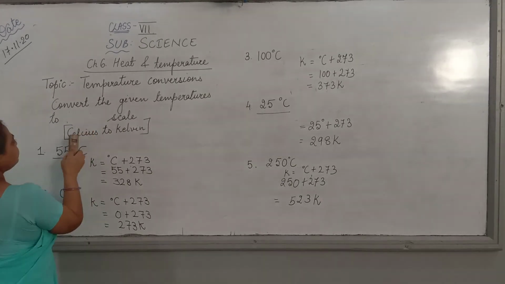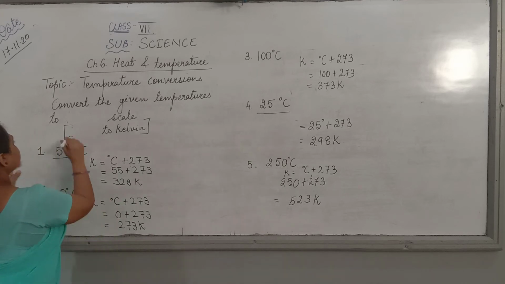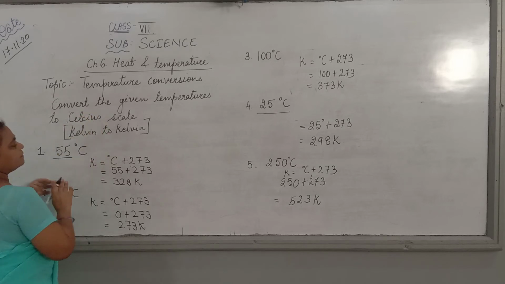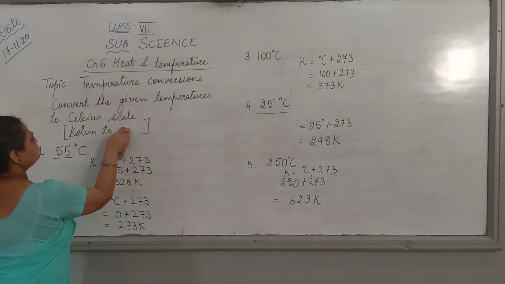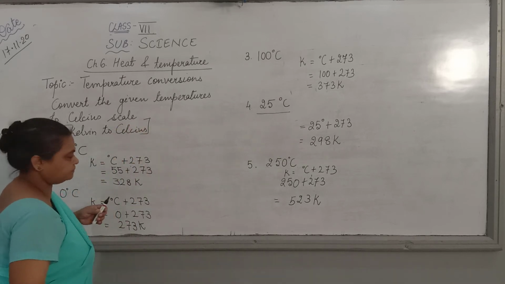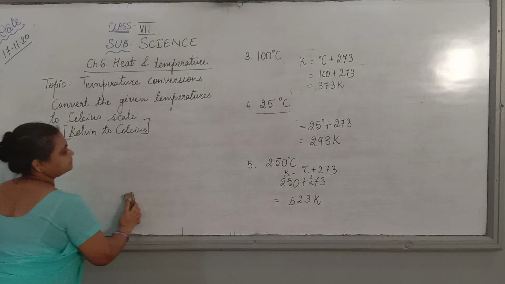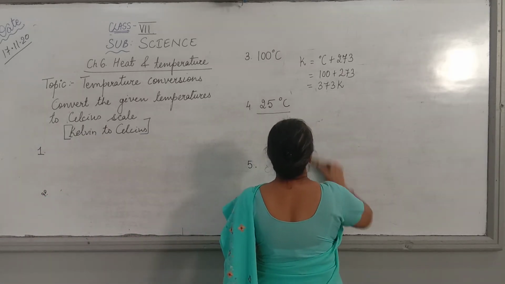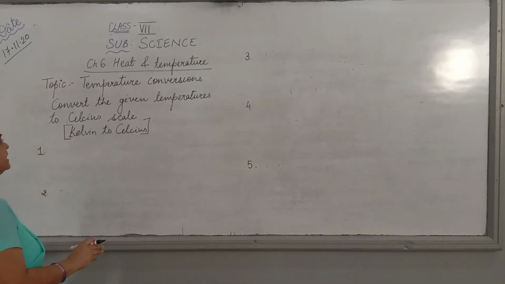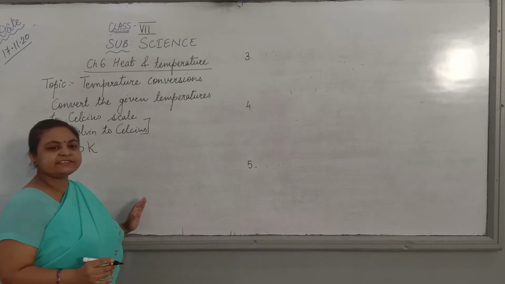So we make it here Kelvin to Celsius. Let's take the first example, 300 Kelvin. So, there is a difference of 273.